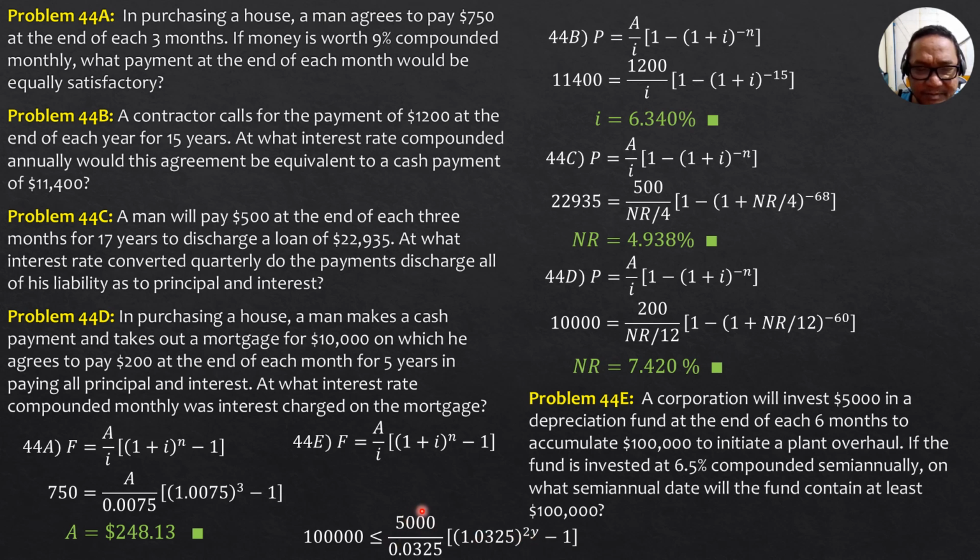You can solve this by purely algebra with your calculator, of course. Follow what I suggested. So y is greater than or equal to 7.829 years, but because this is semi-annual, we should add 0.5, and the next whole number is 8 years.